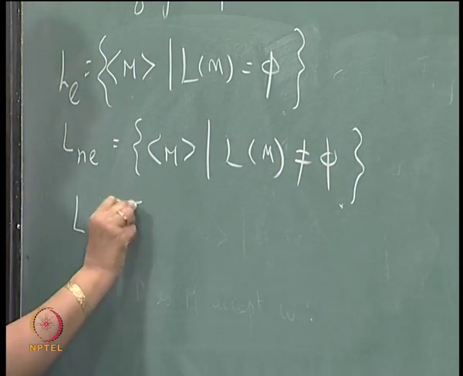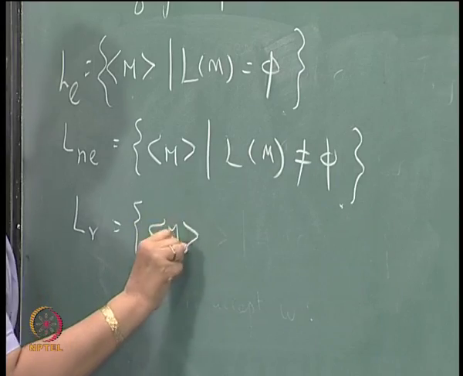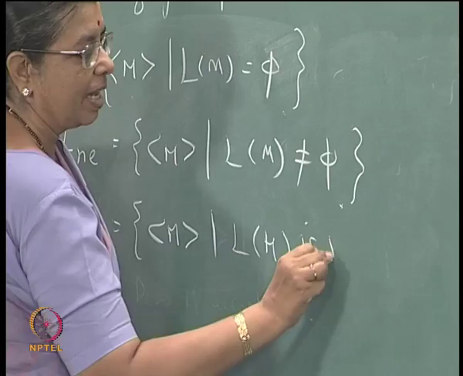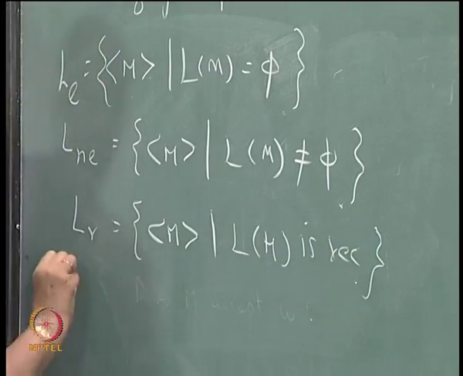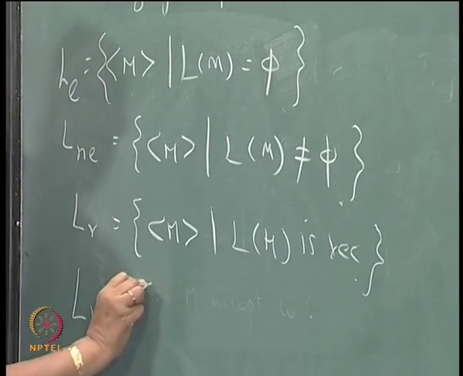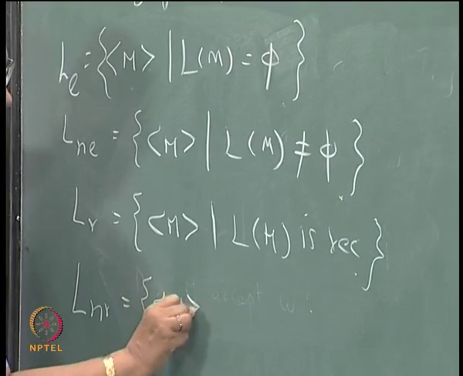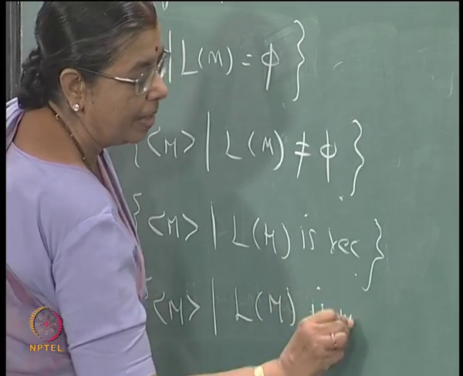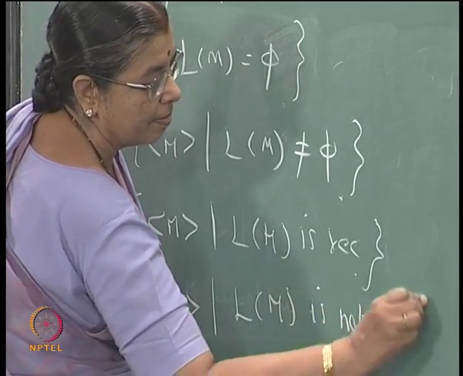LR, all encodings of Turing machines M such that L of M is recursive. LNR, encodings of Turing machines M such that L of M is not recursive.